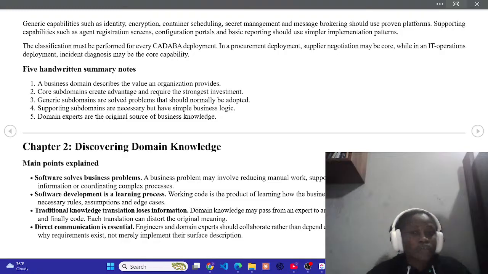So there are some solved problems like, for example, in many companies, they now use document intelligence. They have databases. They have all their different databases. So these are solved problems that you can build on. Then supporting subdomains are necessary, but have simple business logic. So you cannot overlook them because they are supporting subdomains.